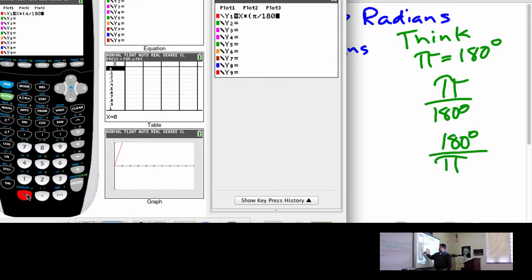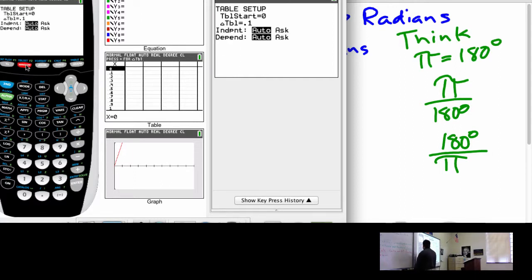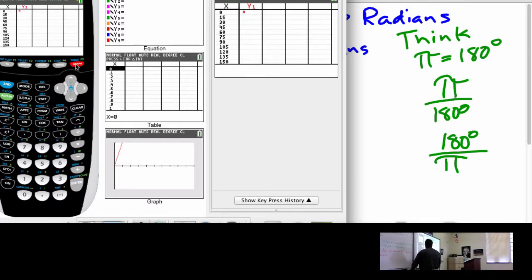And then I could even come in here and do table set, and I could start at 0 and count by 15s. Then if I hit graph, what this does is it automatically calculates that stuff for me. See how I did that? That was pretty easy, right?